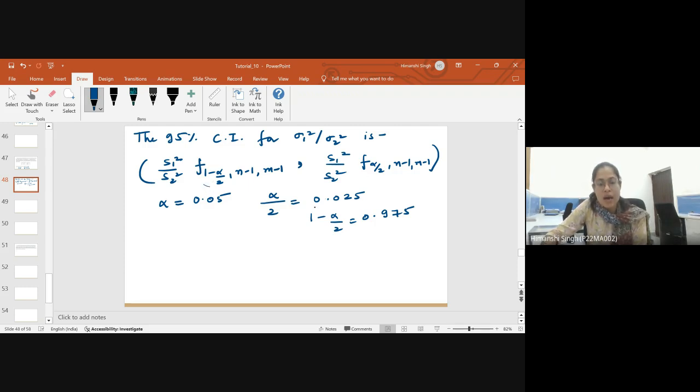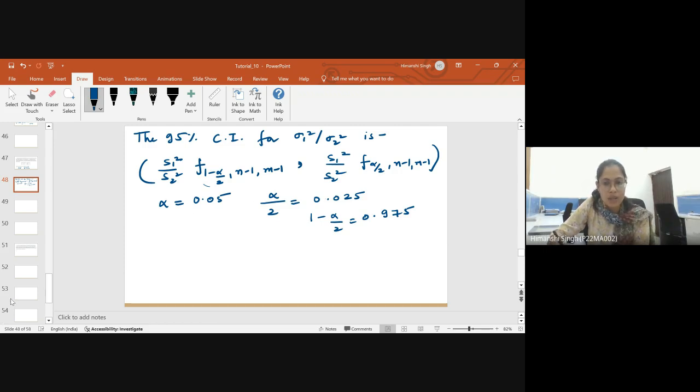Now for the F distribution there are many tables, you can also find them online, and I have also considered one of the tables, but there may be a possibility that only one of them is given. Like for alpha by 2, maybe for 0.025 it is given, but for 0.975 it is not given. So you can also find the value by using the 0.025 values.